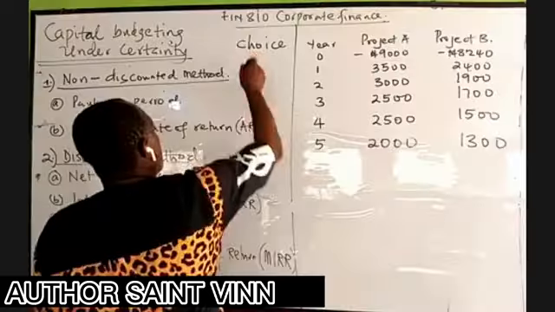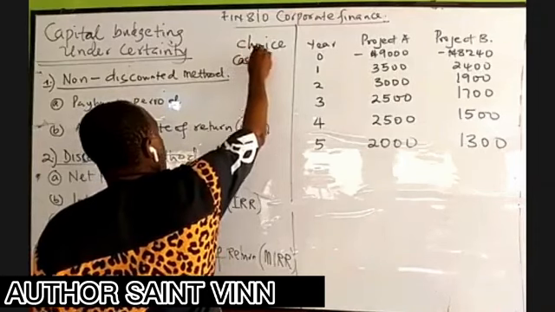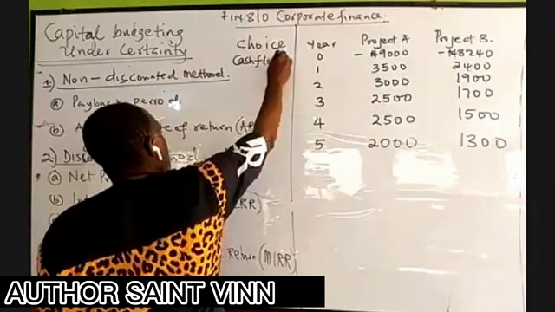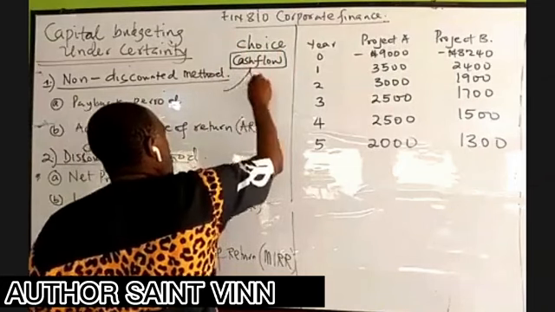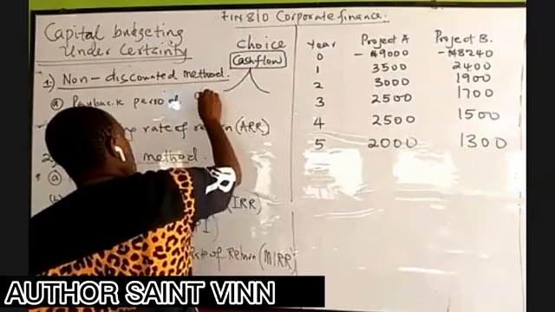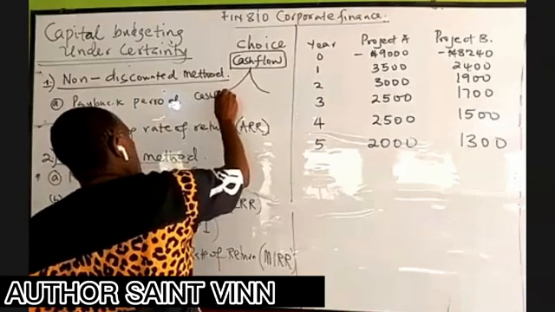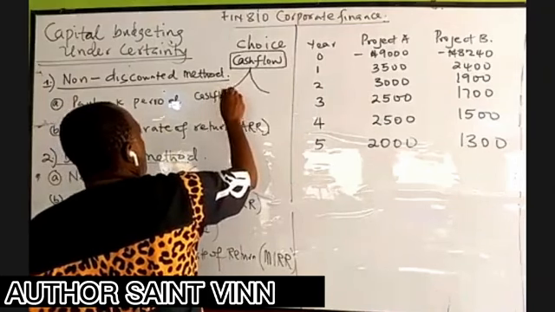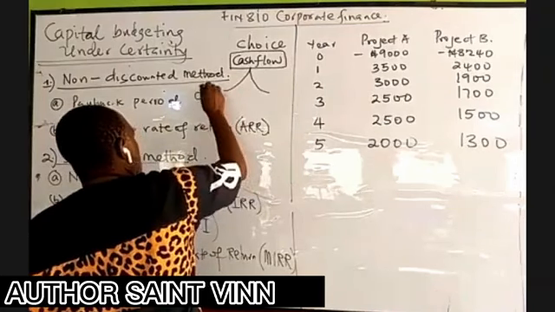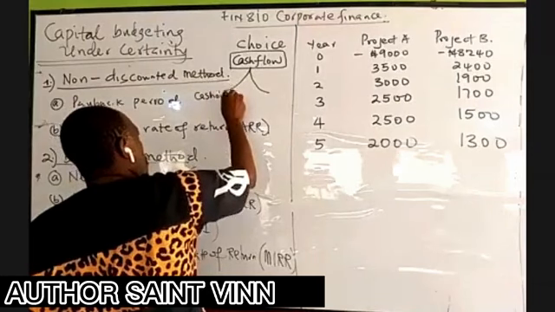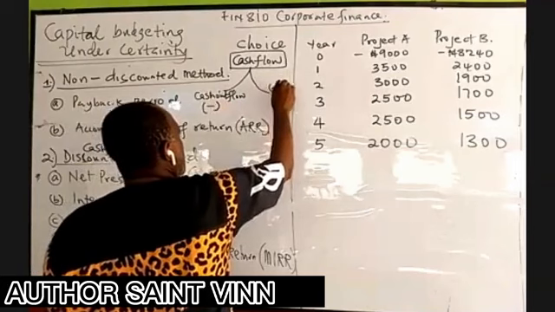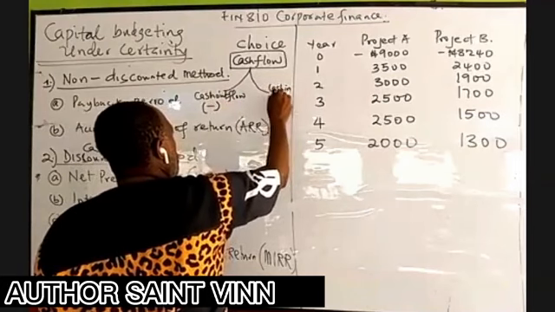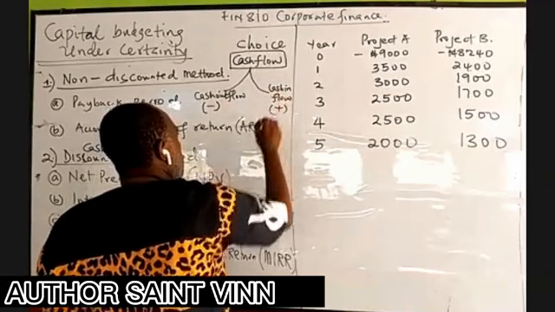Oh yeah. Are you seeing what I'm writing? Cash flow is divided into 2. Cash outflow, which is a minus, and cash inflow, which is a plus.